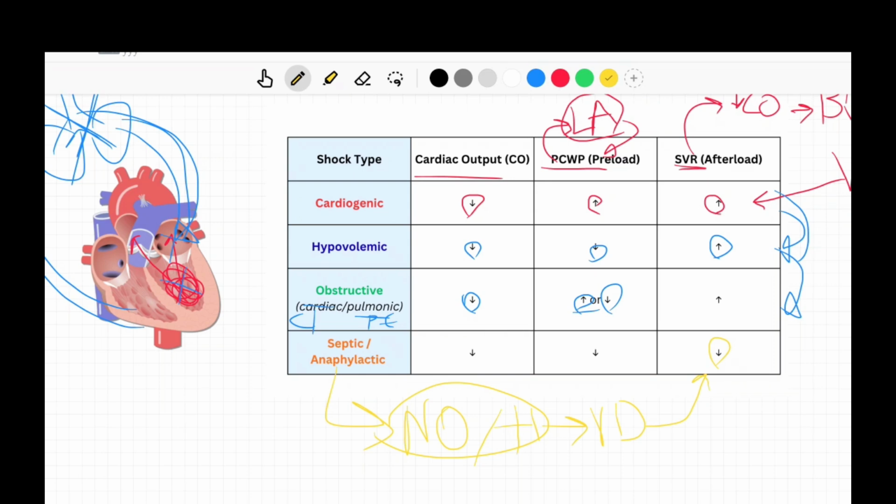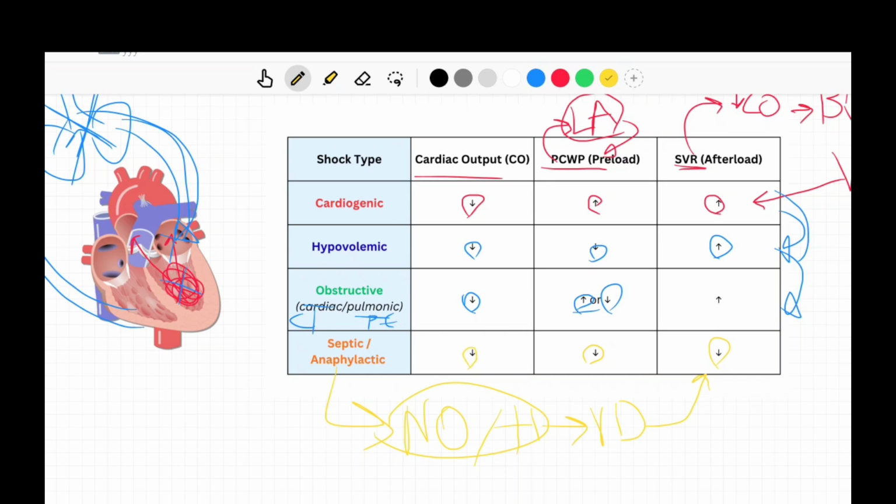Okay, and by time and in later stages, when we have a severe vasodilatation, we cannot send enough blood in the venous return to the right side of the heart. So when we have a decrease in venous return, we send less blood to the left side of the heart. So we'll have decreased blood in the left atrium and decreased PCWP, and decreased blood in the left ventricle. So we send less blood to systemic circulation and have decreased cardiac output.